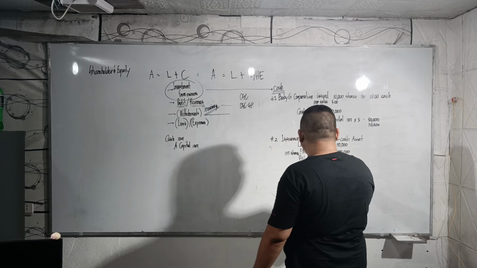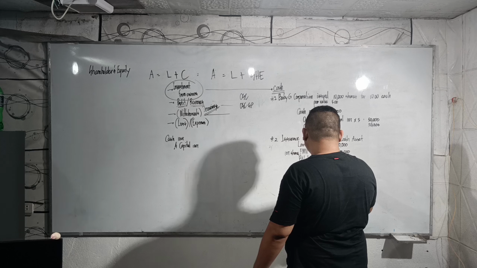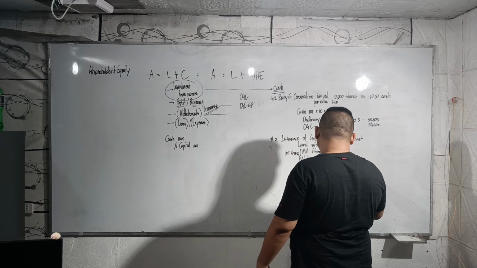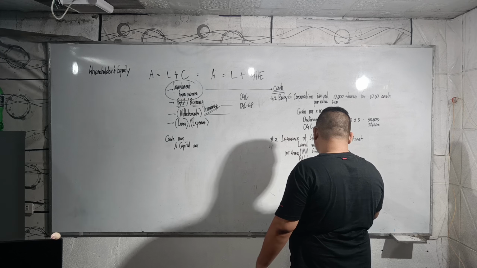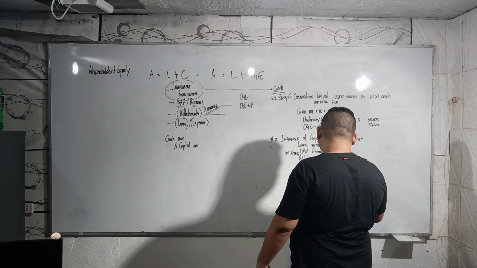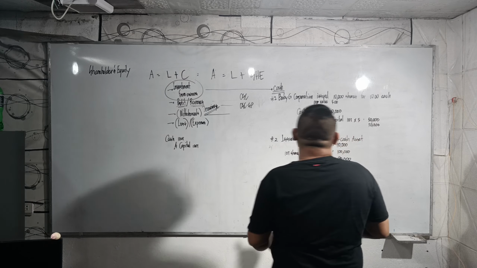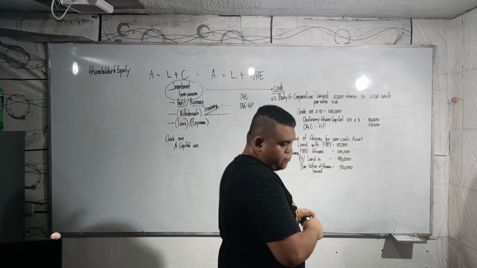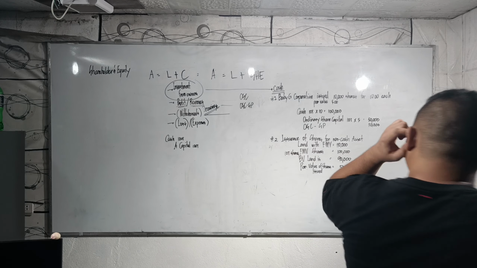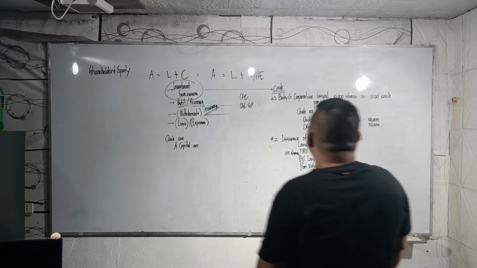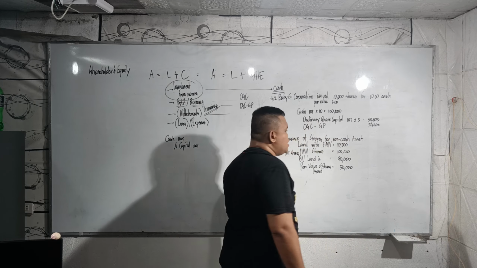And then the par value of shares issued is 50,000. So it's as if instead of contributing cash immediately, in situation number 2, Mr. A has given you a land.